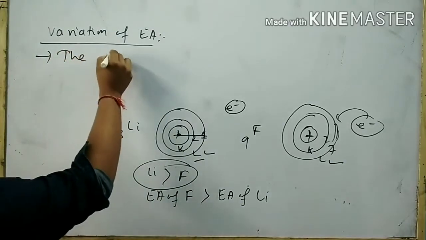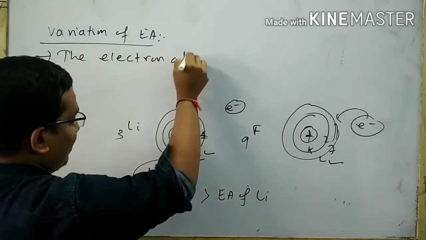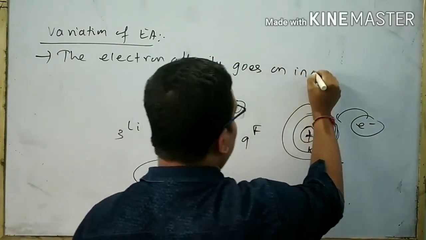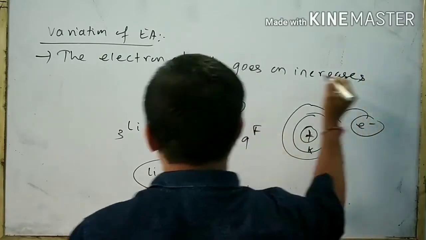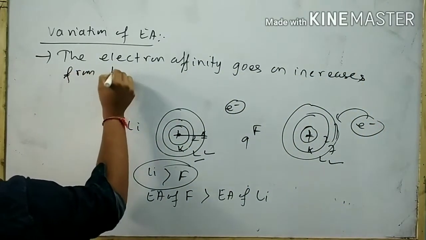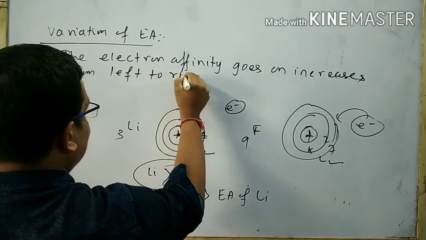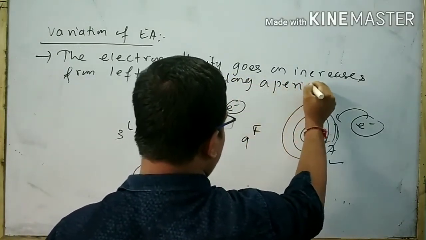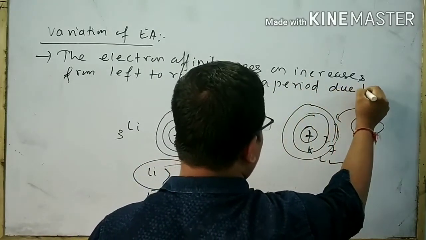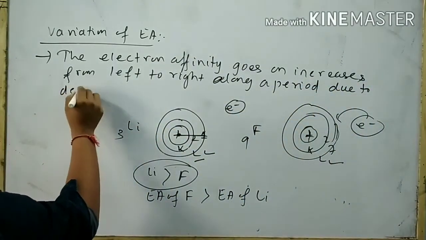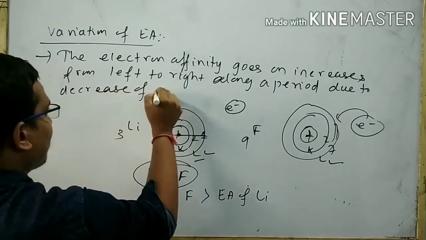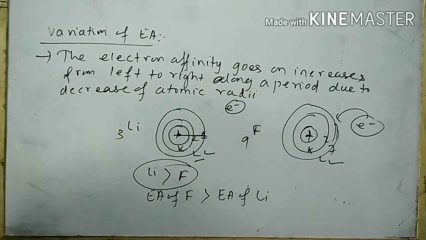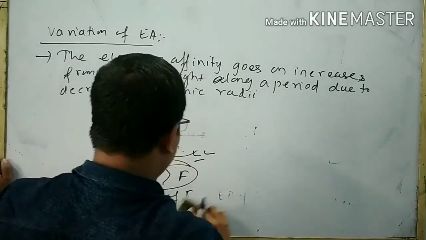The electron affinity goes on increasing from left to right along a period due to decrease of atomic radius. Take an example.